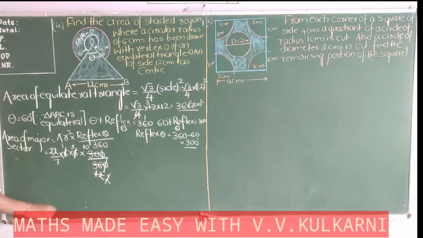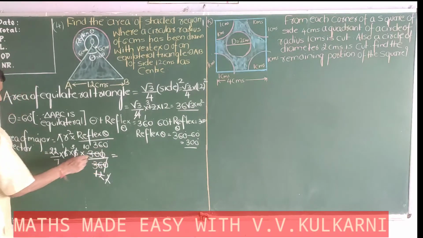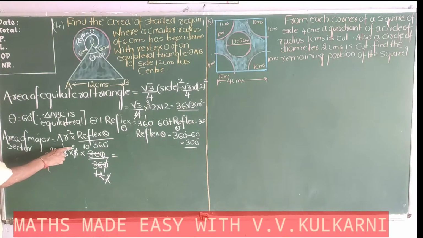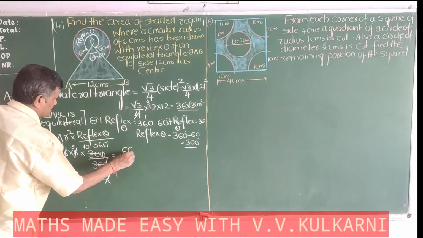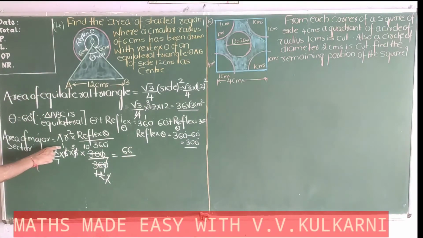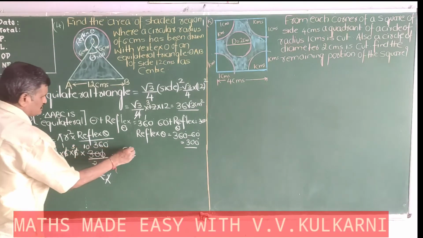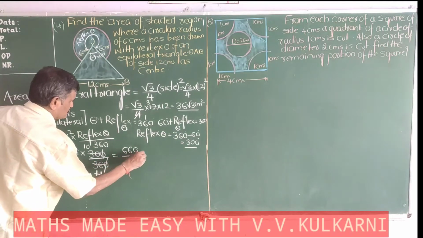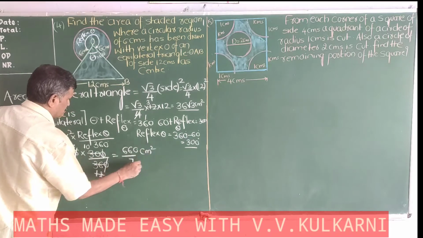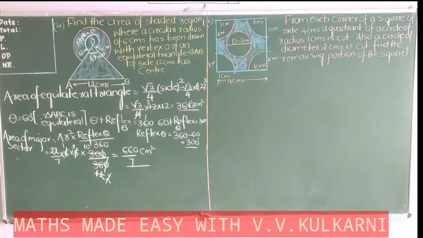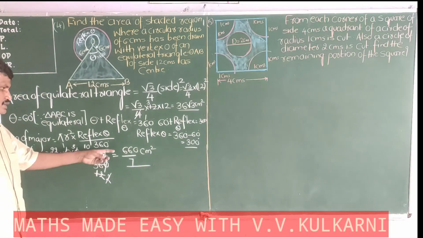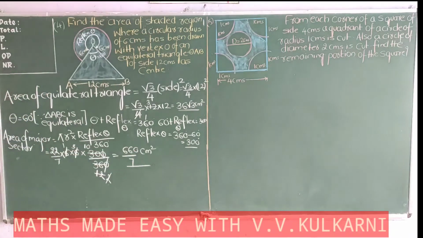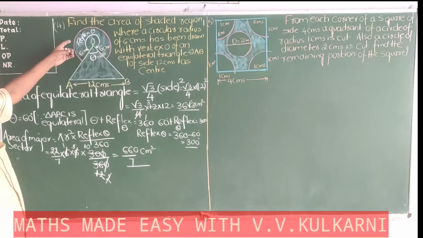So finally we are going to get 22 into 3, that is equal to 66. 22 into 3 is 66, into 10 is 660. 660 divided by 7 square centimeter. This is the area of the major sector.